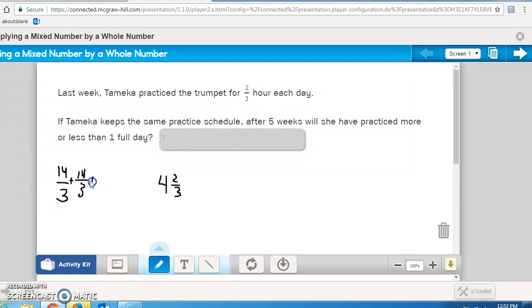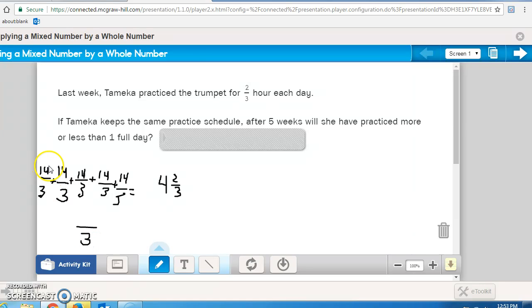And sorry, I'm kind of squeezing this in here. I didn't realize I was writing 14/3 quite as close as what I was. Let's see if I can write this one out here. So there's 14. And again, here's 5 because we got 5 weeks. My denominator, I'm going to put my answer down here, stays the same.